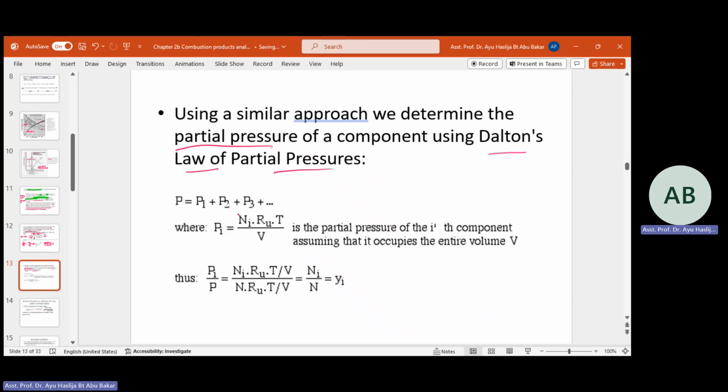So kita akan cari berapa mole of CO2. This one mole lah. R u and T is constant, depends on the process. Okay, so P also boleh disamakan dengan mole fraction.